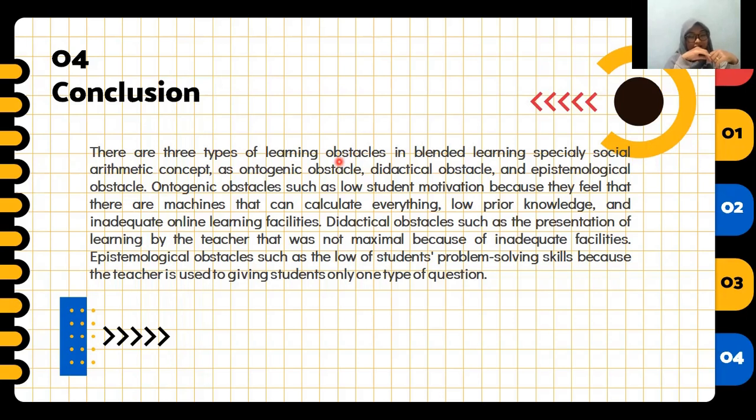Didactical obstacles are such as the presentation of learning by the teacher that was not maximal because of inadequate facilities. And the last is epistemological obstacles such as the low problem-solving skills of students because the teacher is used to giving students only one type of question. Okay, thank you for your attention.